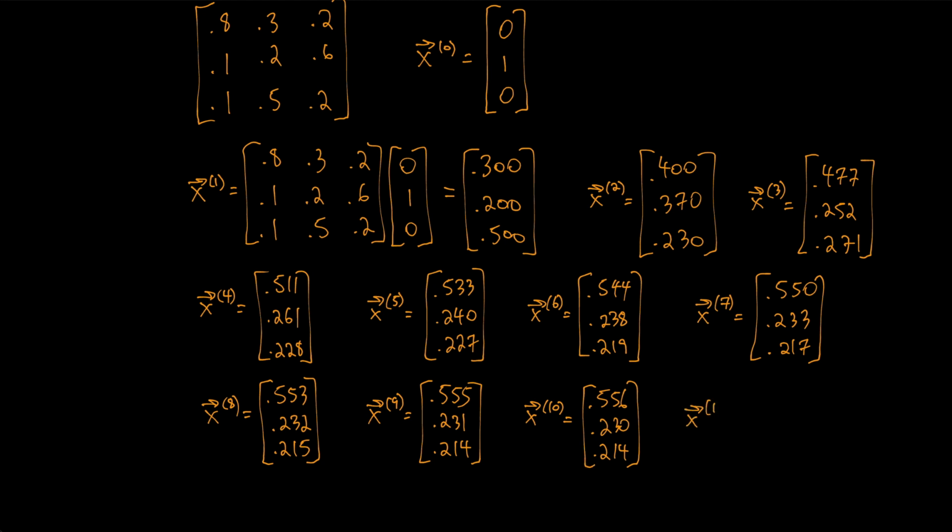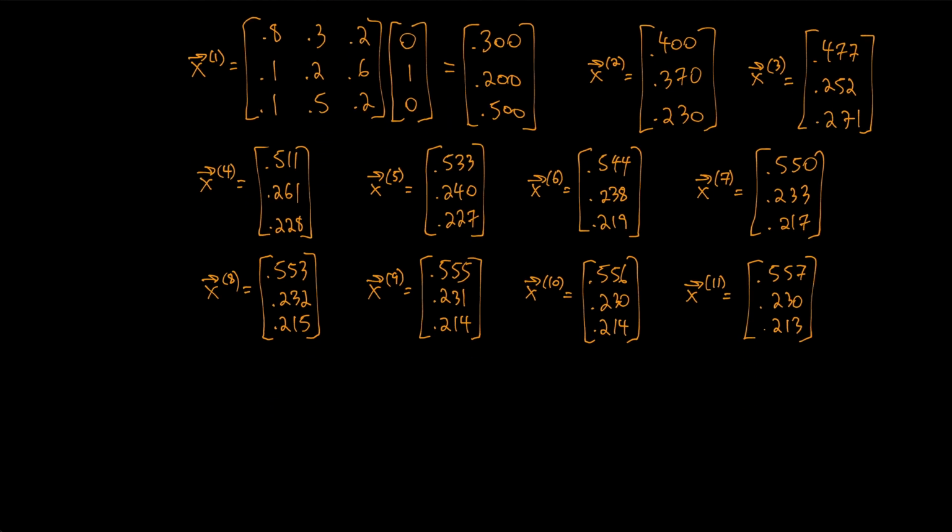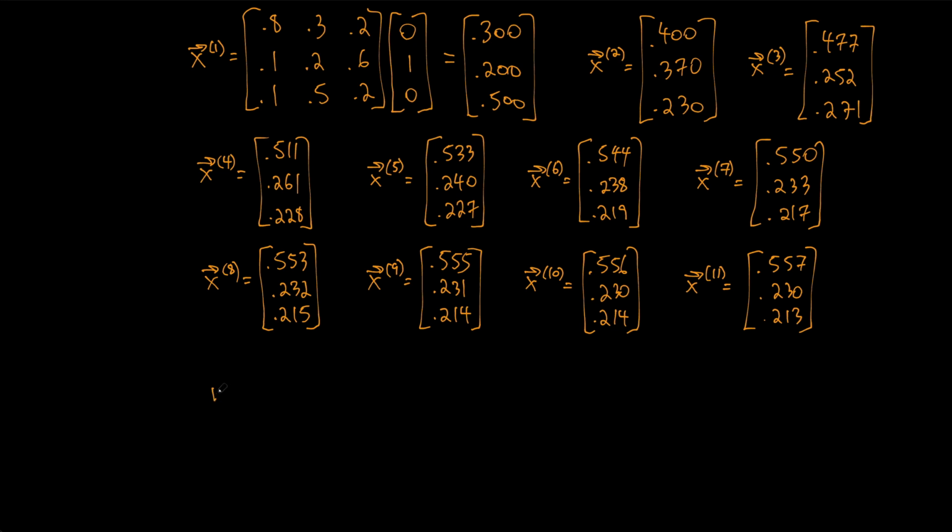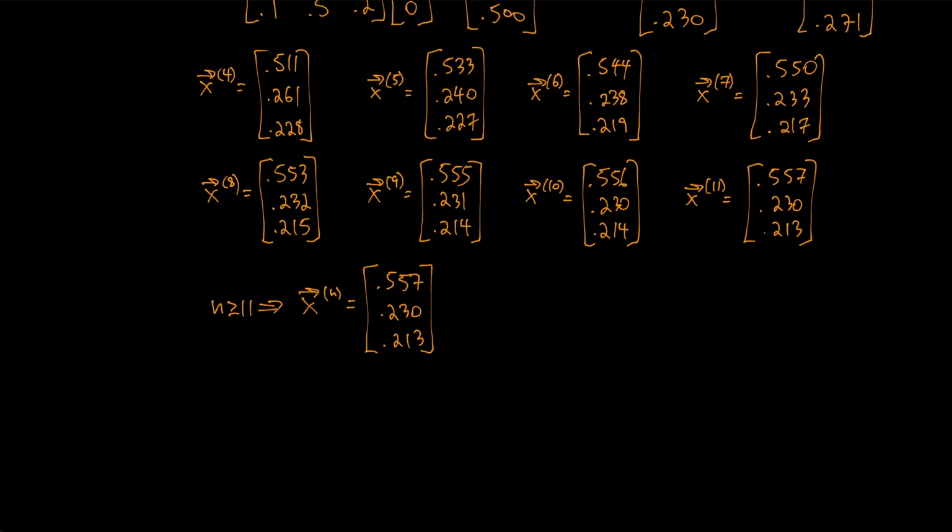And x11 is 0.557, 0.230, 0.213. So for n greater than or equal to 11, it turns out we'll actually get xn equal to 0.557, 0.230, 0.213. So that's the vector they approach.